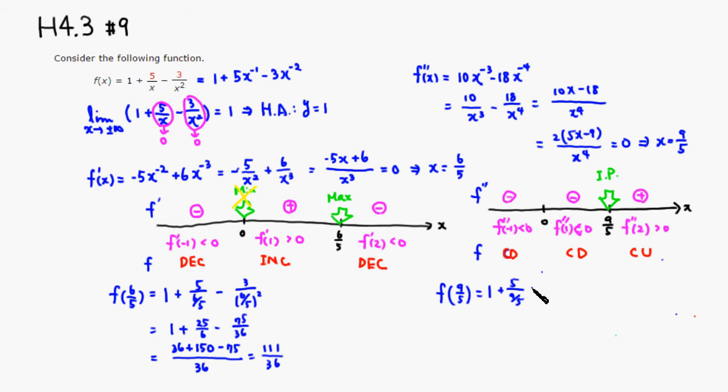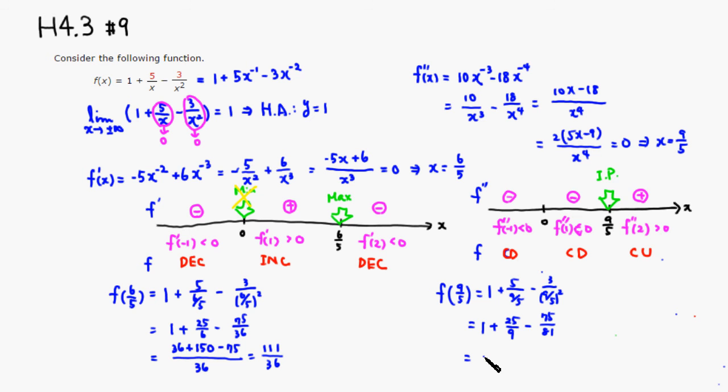5 over 9/5 minus 3 over 9/5 squared, which is 1 plus 25/9 minus 75/81.